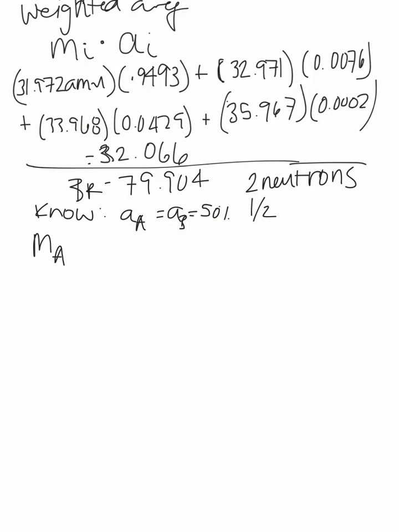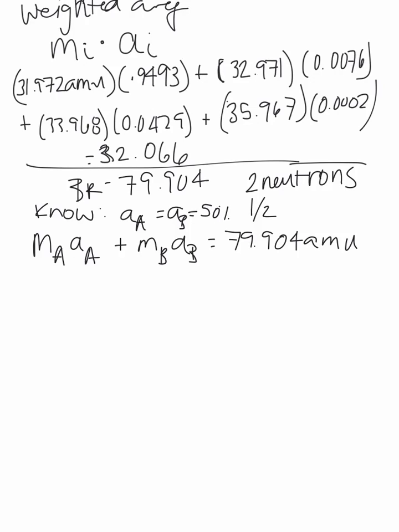And if we take the mass of A times the abundance of A plus the mass of B times the abundance of B, we get a weighted atomic mass of 79.904 AMU. Now, knowing about the two isotopes being separated by 2 neutrons and the relative abundance, we can start doing some simplifications to get an answer out.